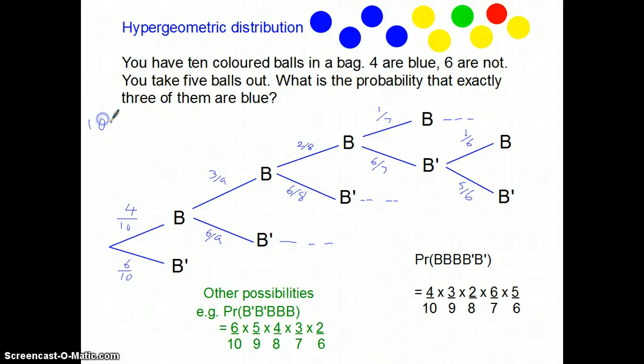So it would be 10 lots of, it doesn't matter which one we use, the 6 times 5 times 4 times 3 times 2 times 1 over 10 times 9 times 8 times 7 times 6. Okay.